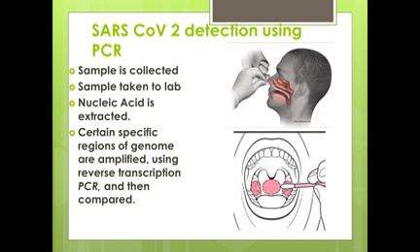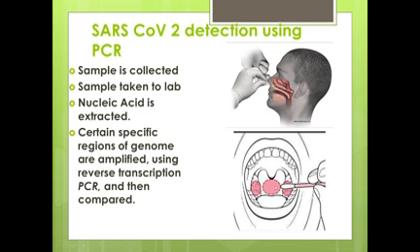For this, the first thing to do is that a sample is collected from the patient's nasal swab, as you can see from this diagram, or a throat swab is taken.